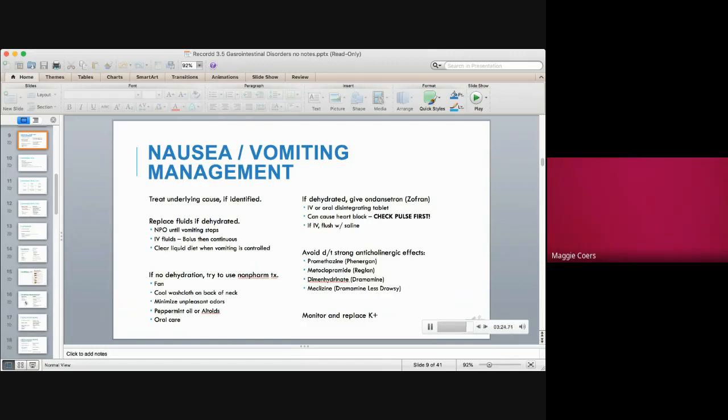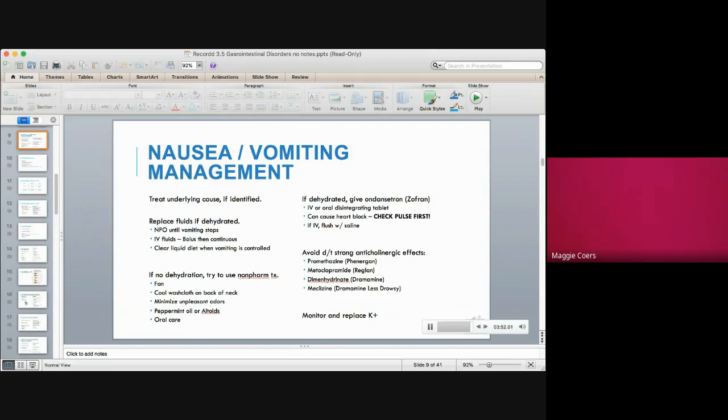We talked about what to do if there is dehydration, and we want to make sure that we avoid things with a strong anticholinergic effect for the nausea and vomiting, such as those things listed on the slide here. These are antiemetics that we really want to avoid because they will cause significant side effects like sedation, urinary retention, blurry vision, orthostatic hypotension.